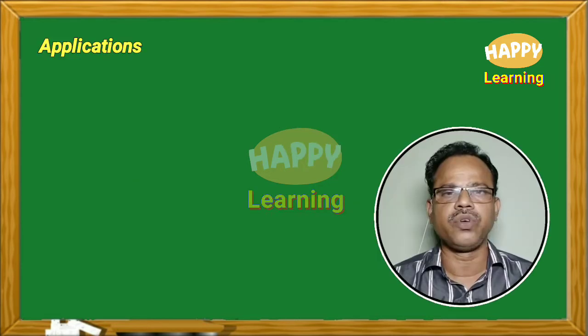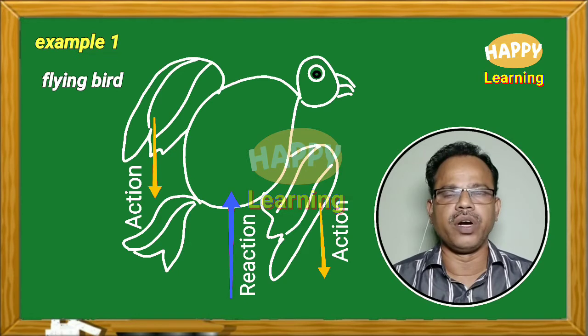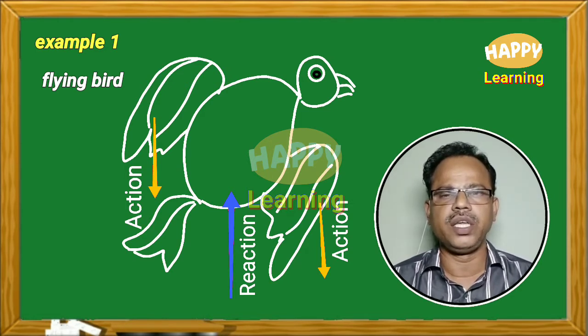Let us discuss a few examples of applications of the third law. A flying bird. When a bird is flying, it pushes the air downwards with its wings, and the air in turn pushes the bird in the upward direction.